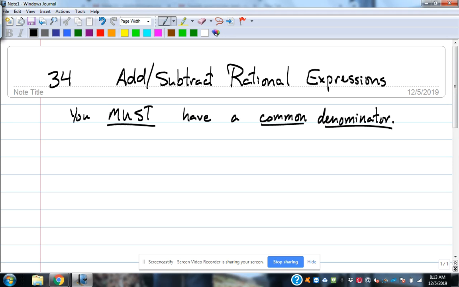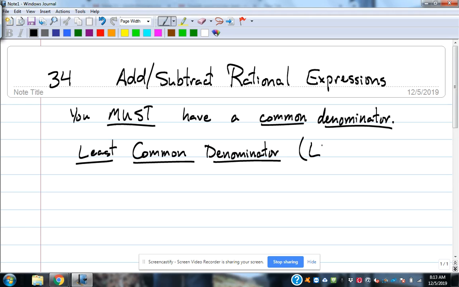And in our case, we're going to get the least common denominator, we'll abbreviate that to LCD.